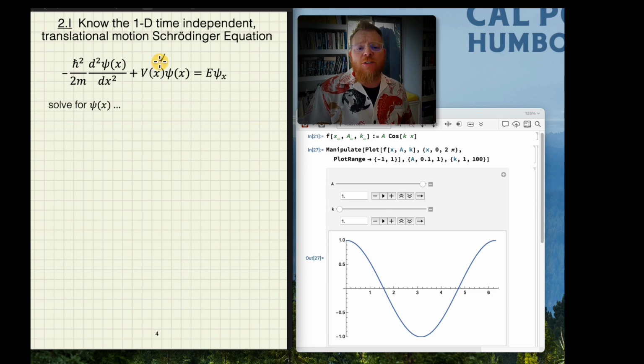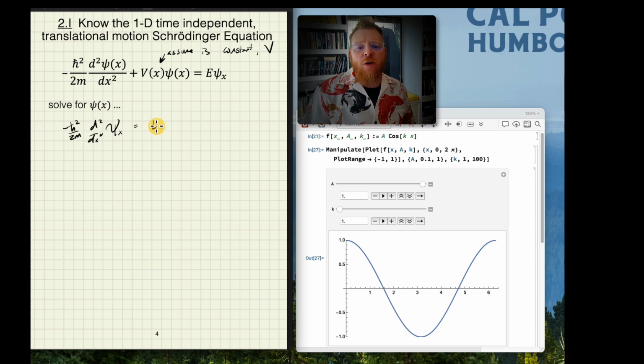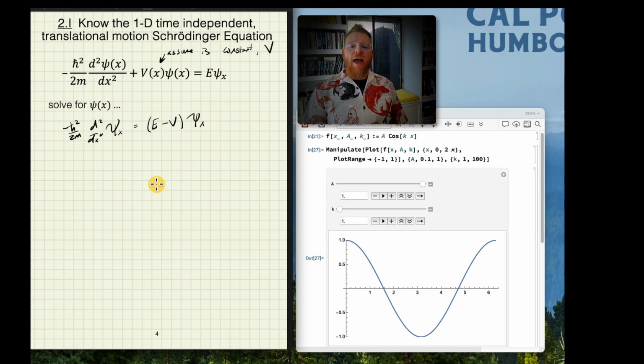And in this case right now, we're going to assume that V of x is a constant. And I'll use the letter V to describe that. So now doing that algebra, I've got negative h bar squared over 2m times the second derivative of psi. And now that equals E minus V all times psi of x.